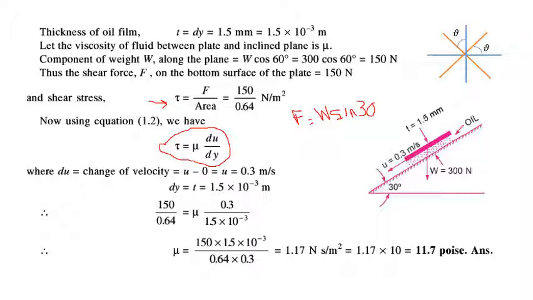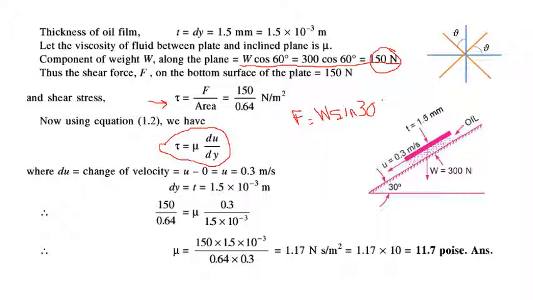Over here they are using W cos of 60, so they are actually using the other angle. For me it was simple to use the same angle, 30 degrees. If you calculate it, you're going to get the same answer, 120 newtons. So force divided by area, you will get the shear stress.